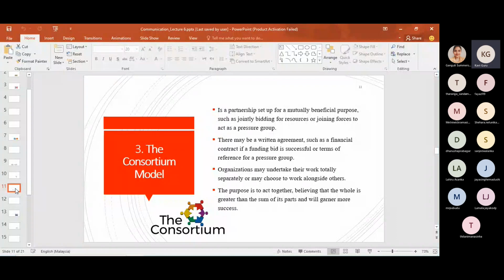And the third model is the consortium model. This consortium model is a partnership set up for a mutually beneficial purpose, such as jointly bidding for resources or joining forces to act as a pressure group. In a consortium model, there can be two parties, or more than two parties, in a partnership.